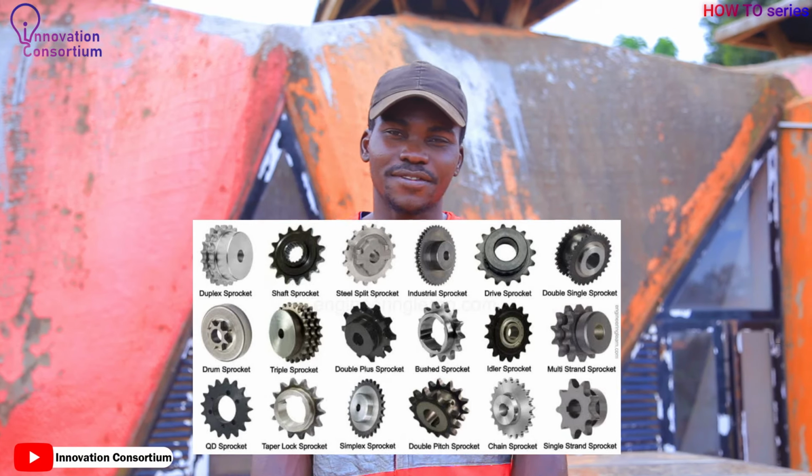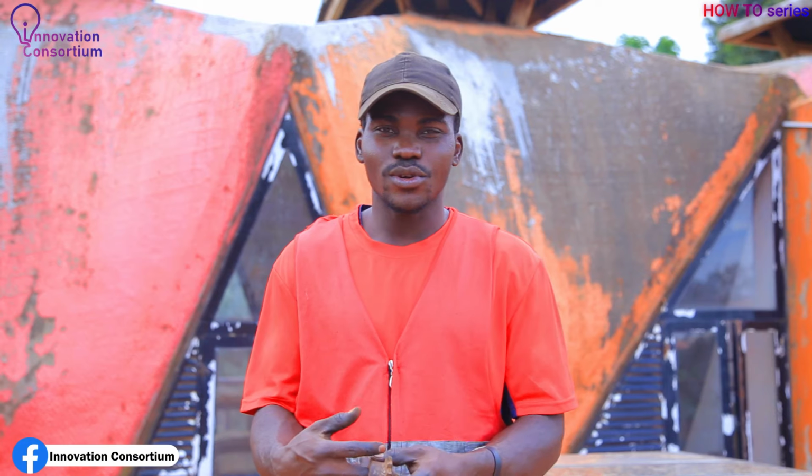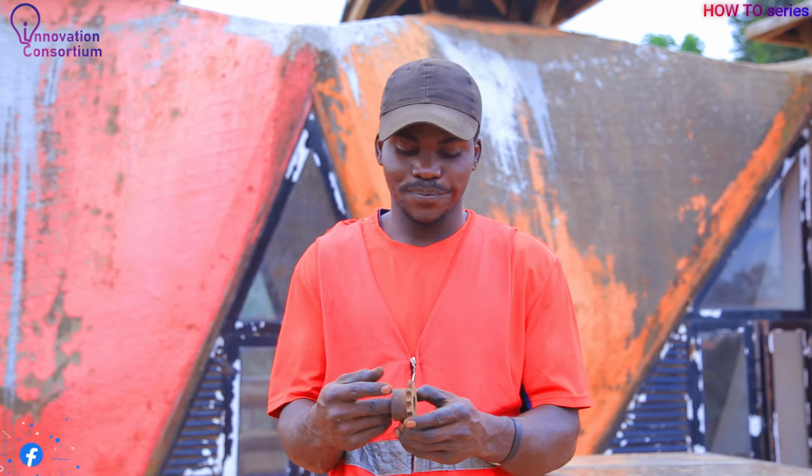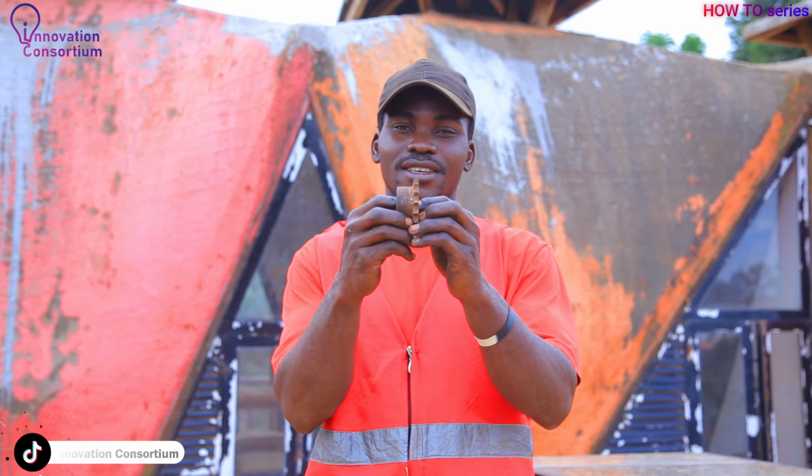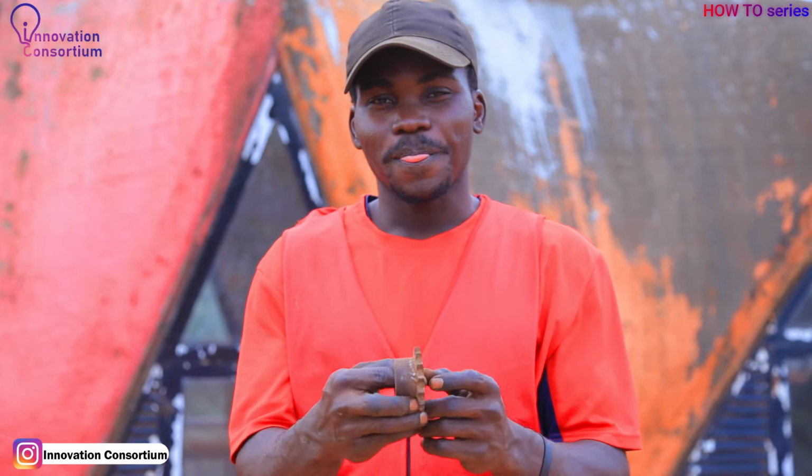The types differ by the number of chains or links they drive. One, we have a simplex. Having talked about the chains before, we had a simplex chain, a duplex chain, and a triplex maybe, and very many others depending on the number of links joined together to make one chain.